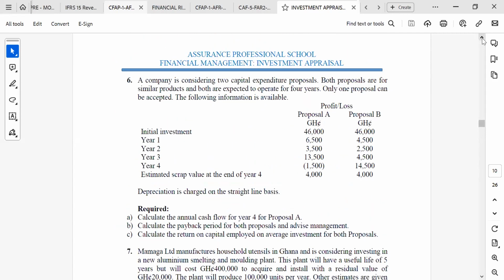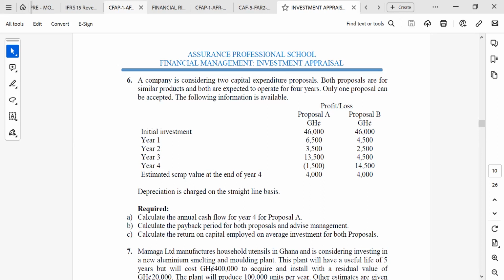Okay, let's look at the question 6. Who is reading for us? Question 6. Who is reading? A company is considering two proposals. Both proposals are for similar products and both are expected to operate for 4 years.